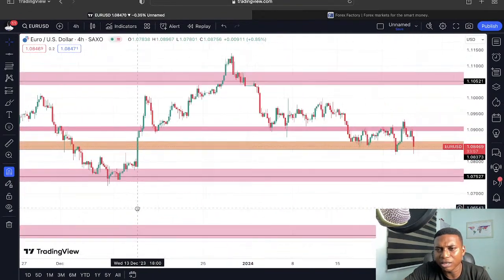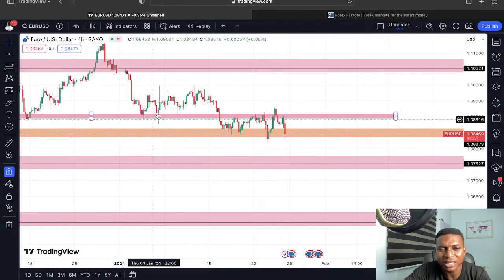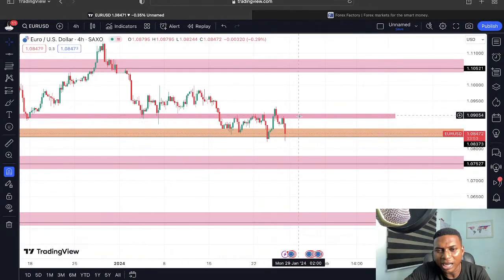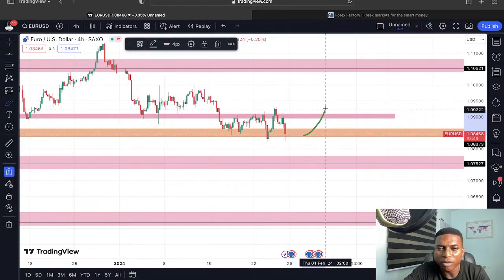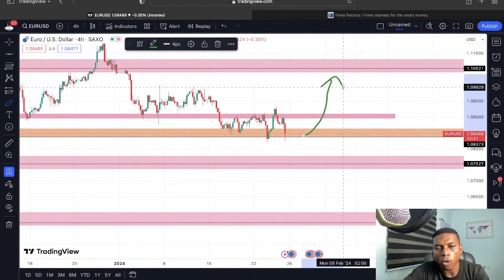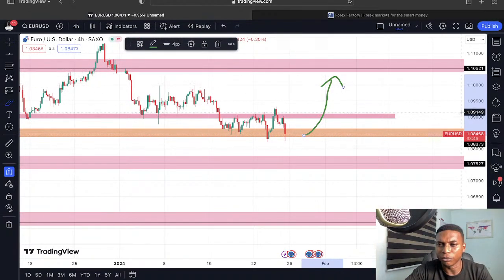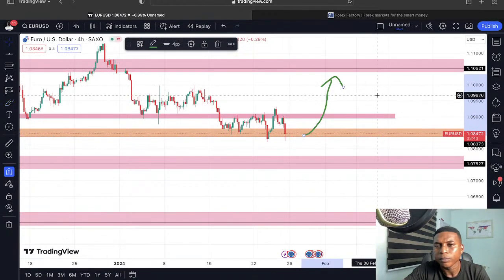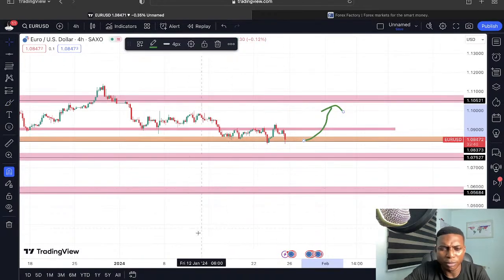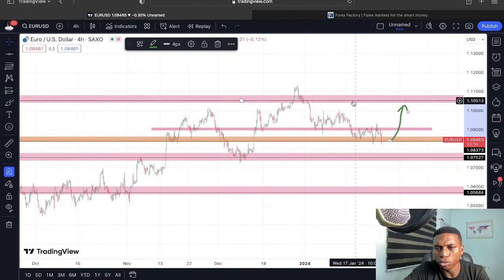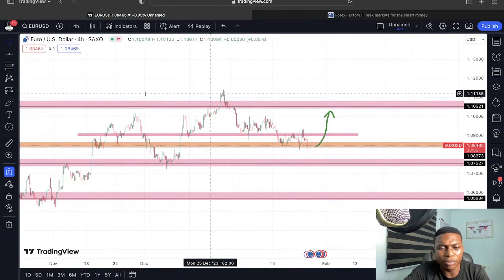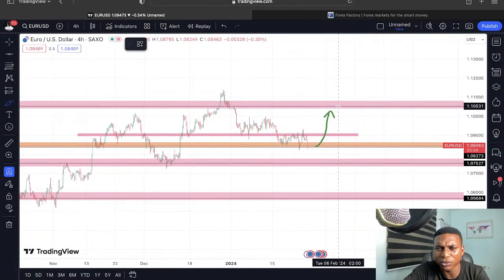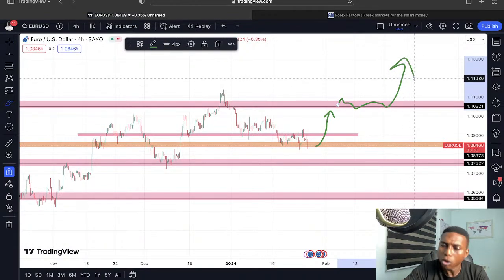So we might see a similar scenario play out at this level as price is consolidating. At this level, we might see price pick up from this level back to this resistance zone, before then deciding to maybe consolidate a bit, and then finally break out of this level.